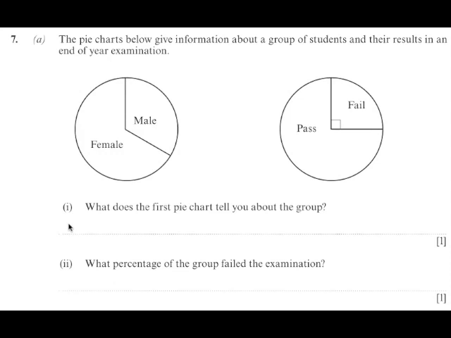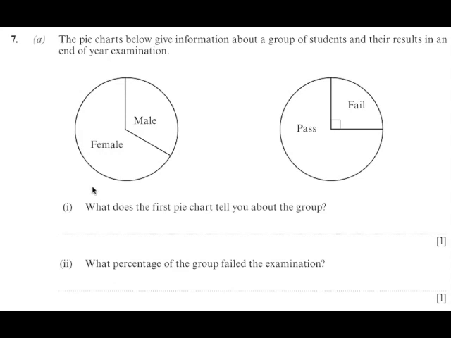So to answer the first one, let's look at the first pie chart. What it shows you is that there are males and females in the class, so it's a mixed group. But it also tells you there are more females than males.